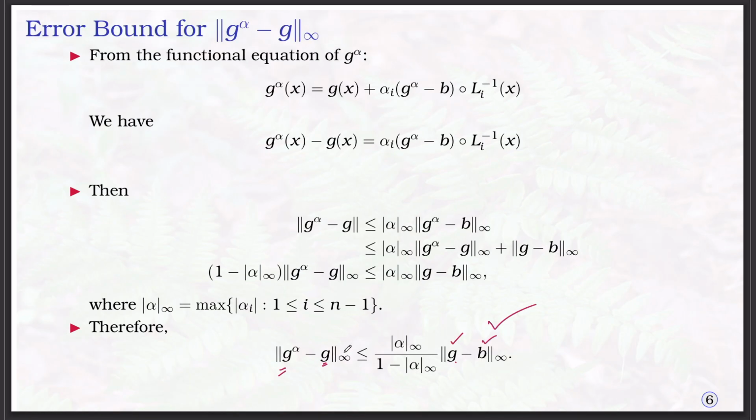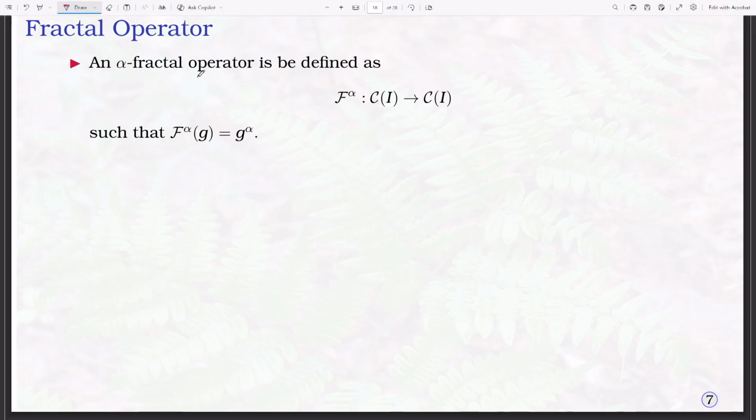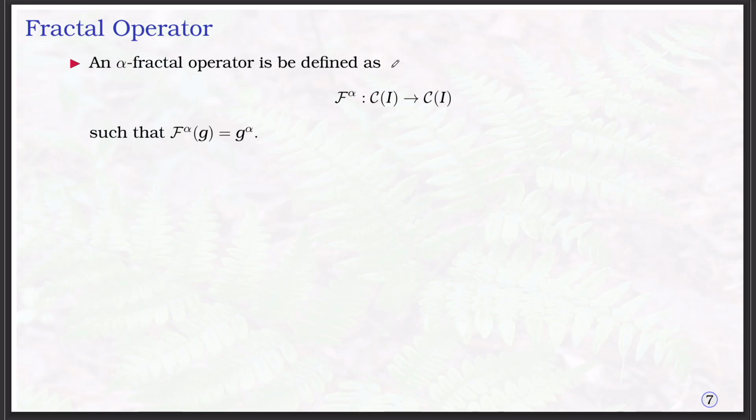As we mentioned here, if you are changing any alpha, we can get the approximation of G. Also, if you are changing this function G, one can get a different type of fractal interpolation function. Now an alpha fractal operator is defined by F of alpha.